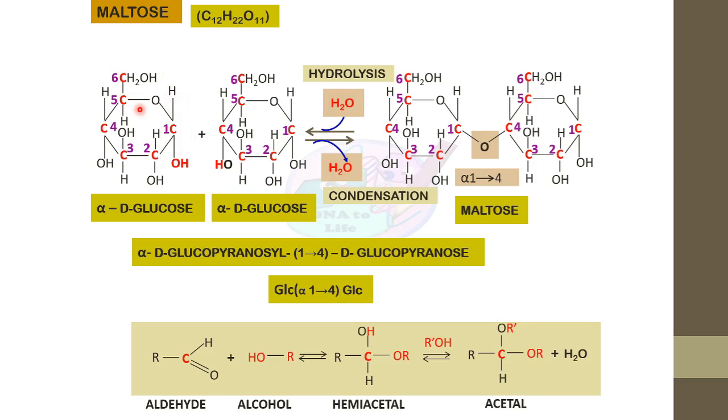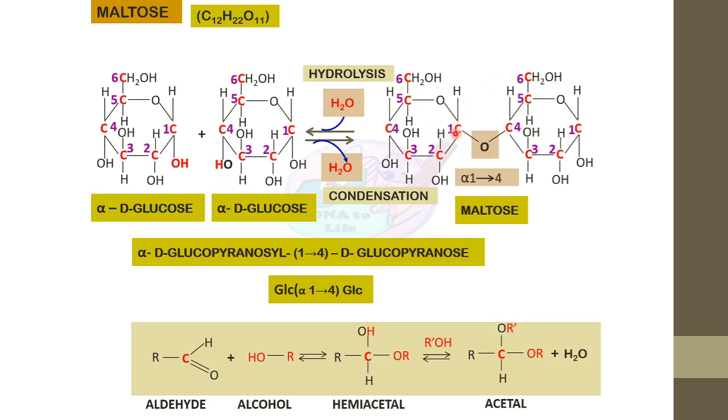So this is a hemiacetal. Now when this hemiacetal reacts with this ROH, they form an acetal. If you look here, this is the R group, the second R group, and this is OH. Now when these two sugars react, they form this acetal.